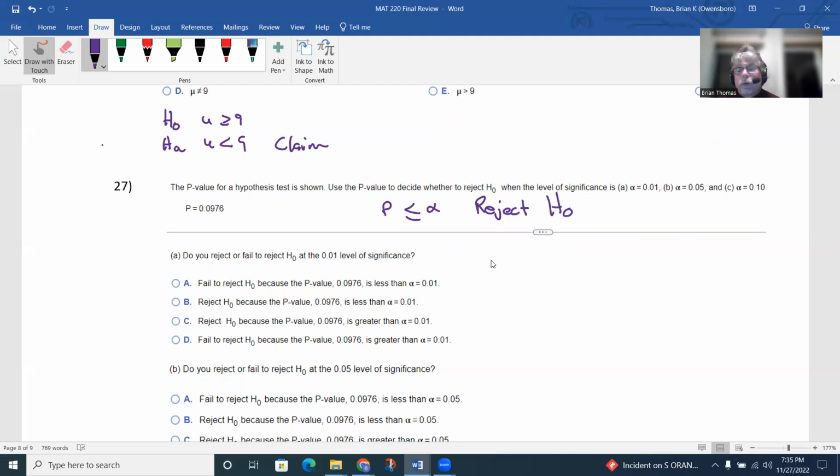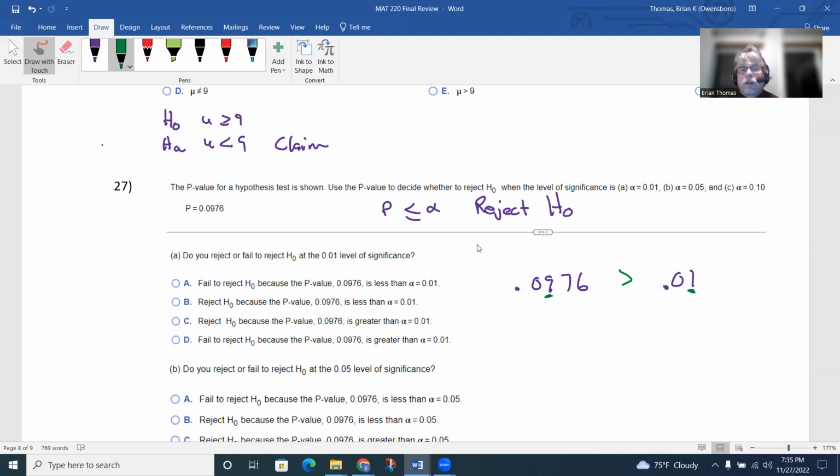So what we want to do is compare 0.0976 to 0.01. Basically we're comparing the second place value to the second place value. So 0.09 is greater than 0.01, so it is not less than or equal to it.